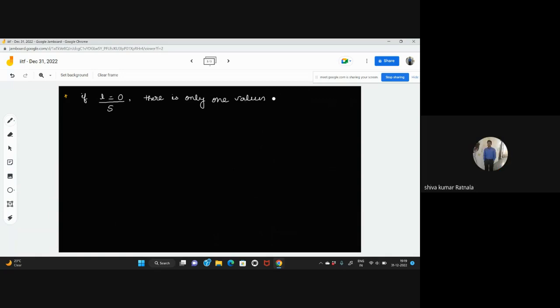That value is 0, right? Its value is 0, okay?